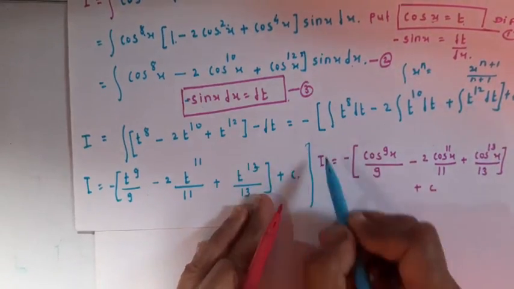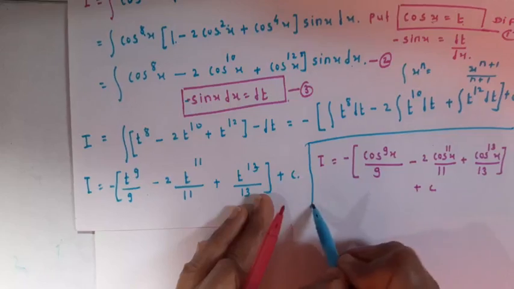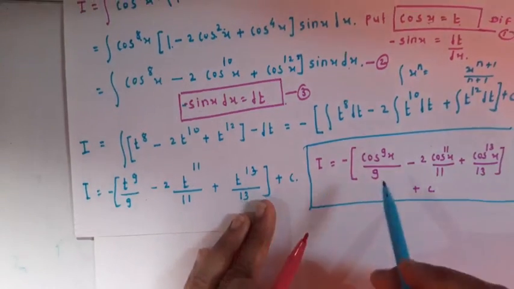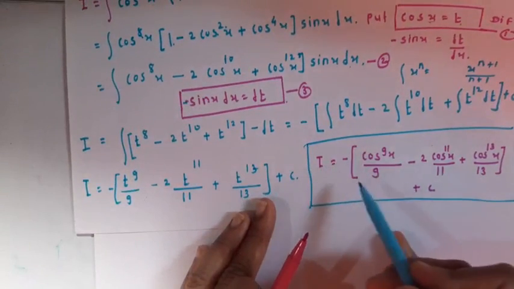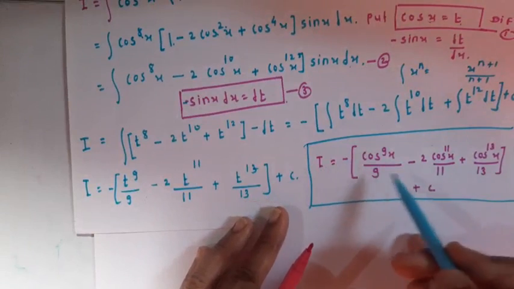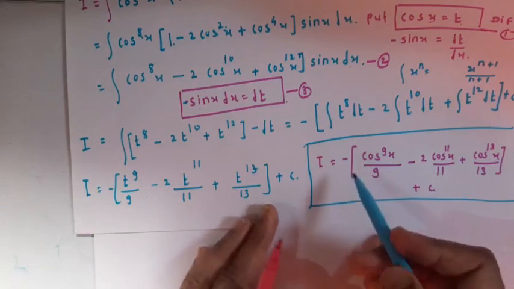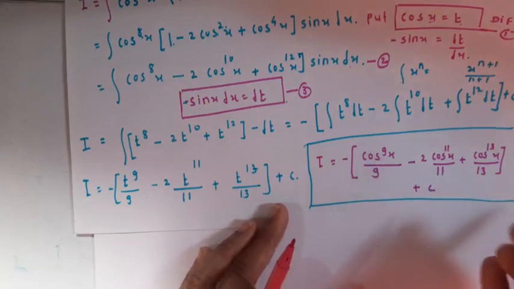Okay students, in this way this is the solution for the given problem. The negative sign is outside, that's why the signs inside the bracket will change.